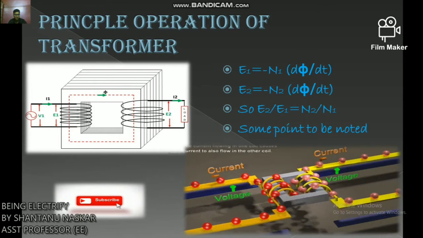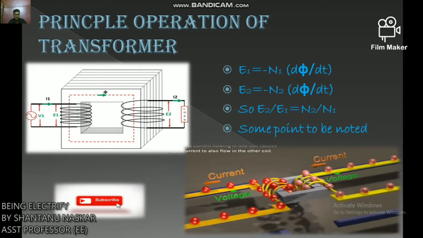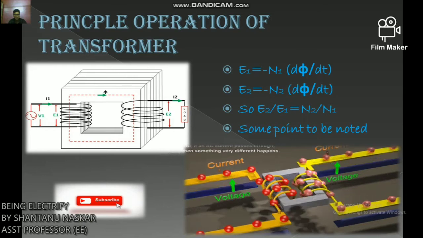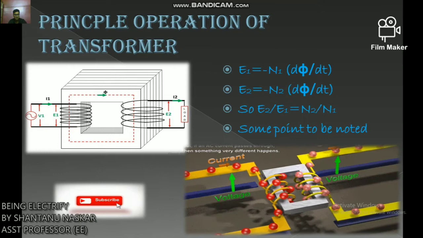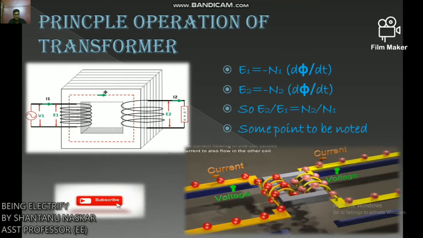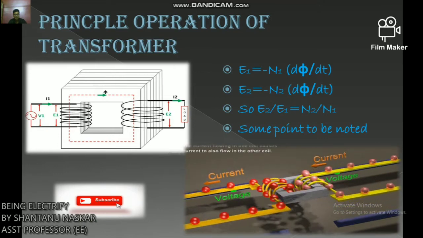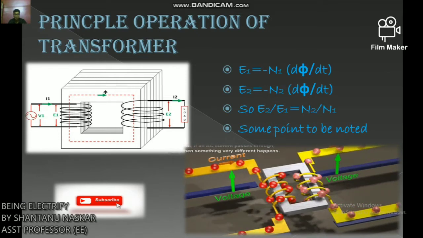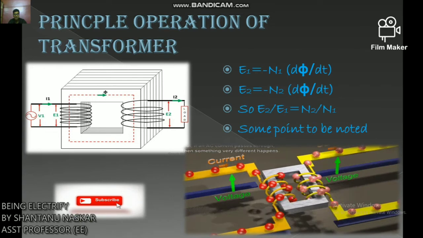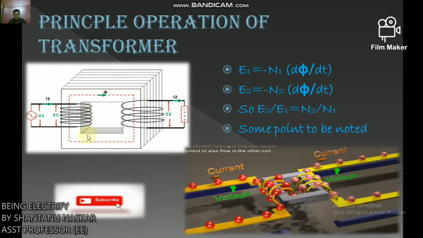A transformer is a static piece of equipment used either for raising or lowering the voltage of an AC supply with a corresponding decrease or increase in current. It essentially consists of two windings, the primary and secondary, wound on a common laminated magnetic core.